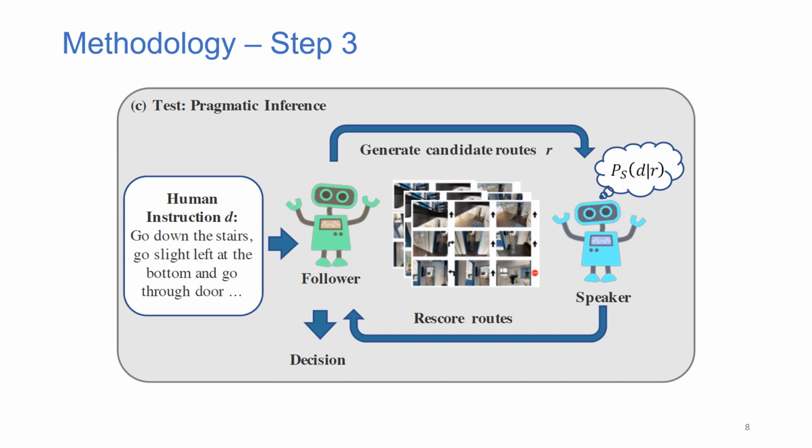routes, and those predicted routes are then passed through the speaker model, which in turn generates the corresponding human instructions. Comparing the predicted human instructions from the speaker model and the given input to the Follower model, the final prediction is generated.